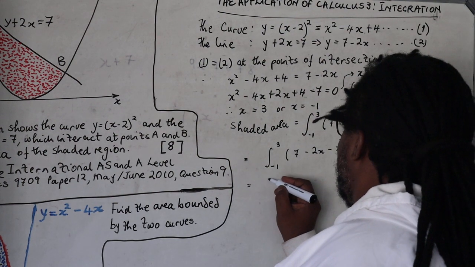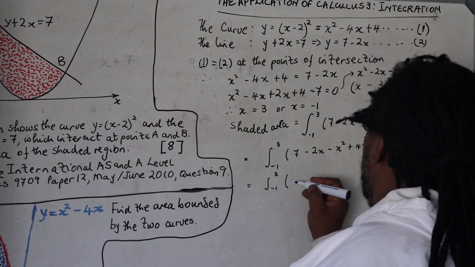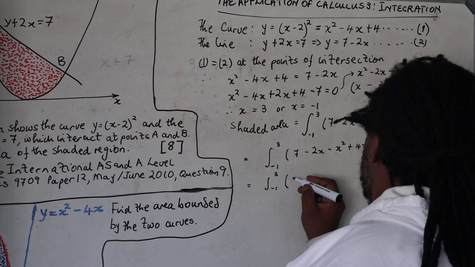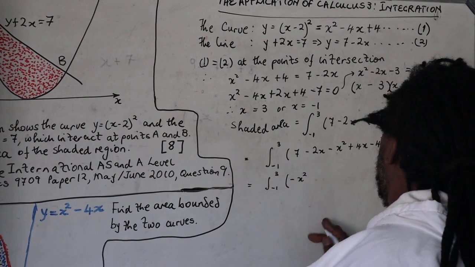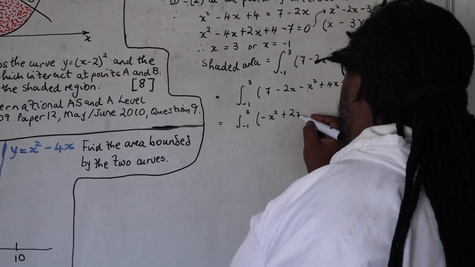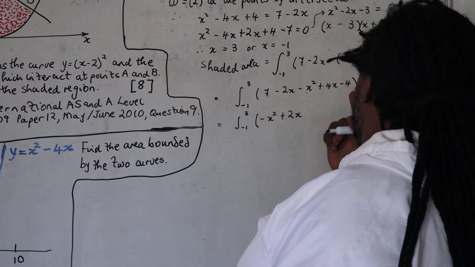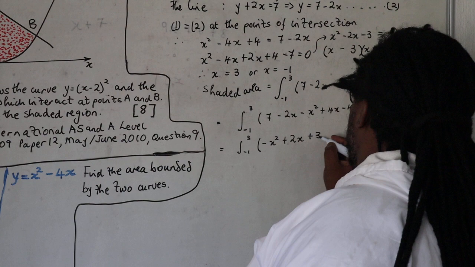And this is equal to the integral from minus 1 to 3 of minus x squared, minus 2x plus 4x gives us plus 2x, and 7 minus 4 gives us plus 3.